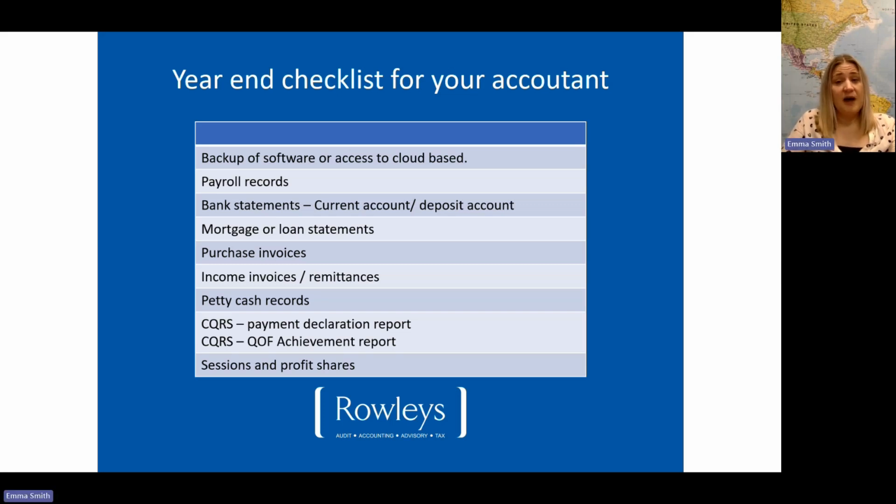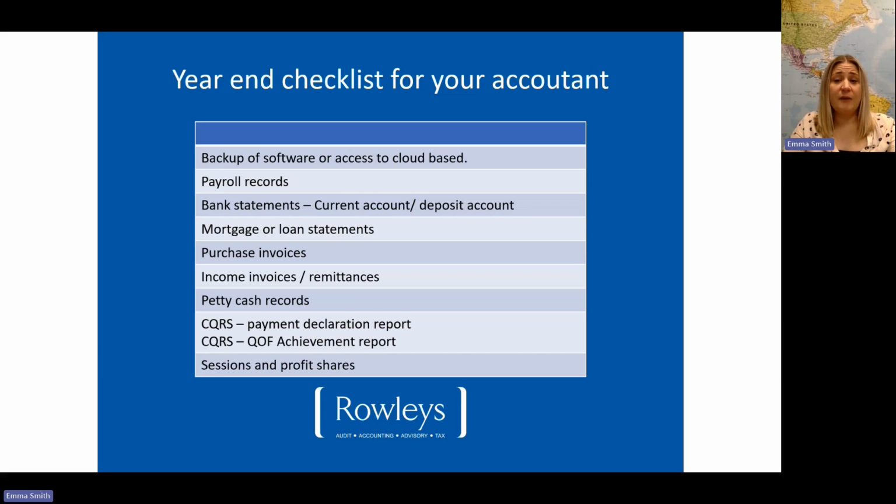As we've previously spoken about, your accountant will require a backup of the software or access to a cloud-based system. If you do use IRIS-GP, take a recent backup of the data and email it to your accountant. We do recommend that you take monthly backups, but your accountant will only require one copy taken at the end of the year.